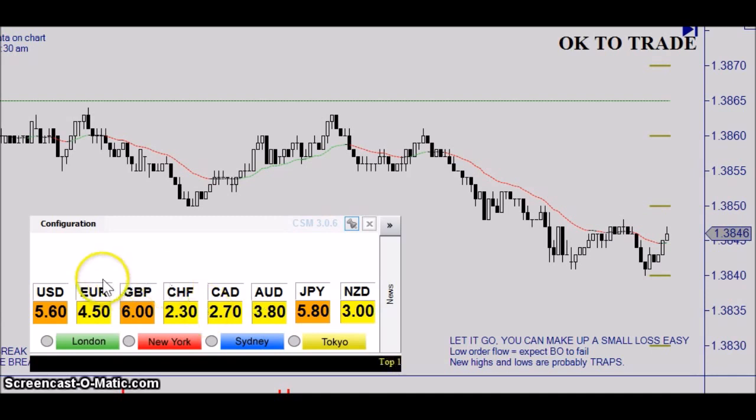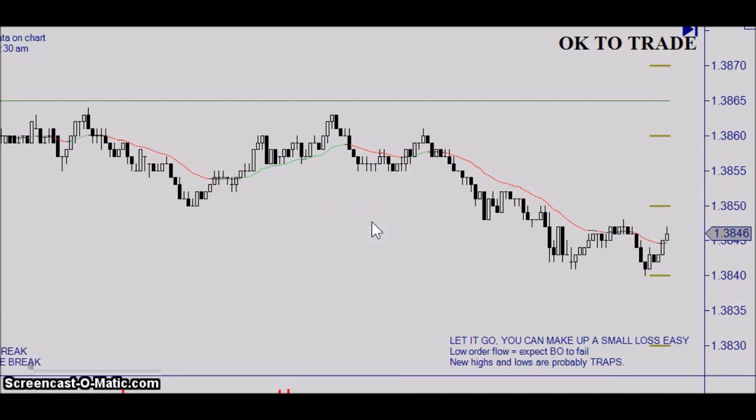Or maybe the opposite: I may have a weak dollar and weak yen, and then the euro, the franc, the Aussie or New Zealand may all be strong. I just want to get a quick overview of what's been going on, and it gets me more prepared for the day without having to visit 20 charts.